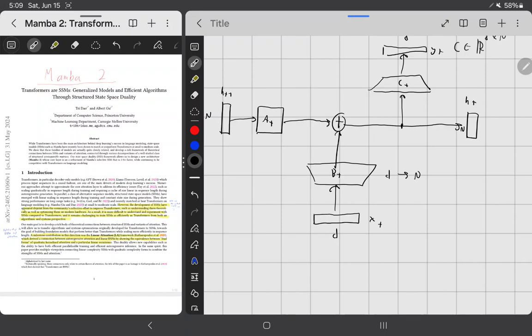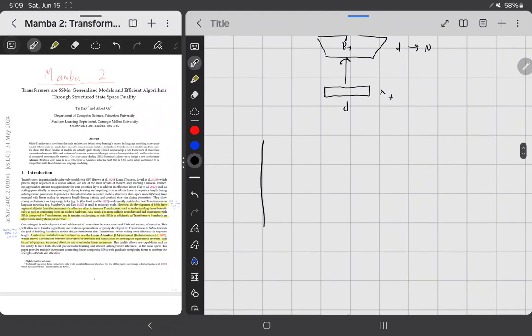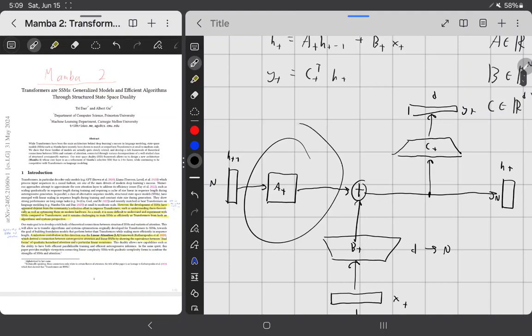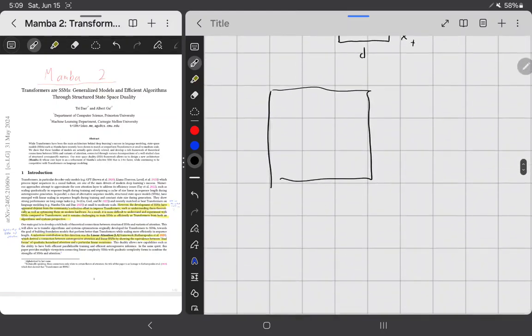Now, what we can do is actually turn this thing into a quadratic form. So what we first need to do is take this matrix and convert it into a scalar. The reason we're going to do that is because that will lead to a connection to an RNN, or to a transformer. So we take this matrix, which has structure, and we turn it into an identity times a scalar. That's what they do in the paper, and this is just so we can make the connection. So this is normal SSMs, and we're just going to make this transformation.